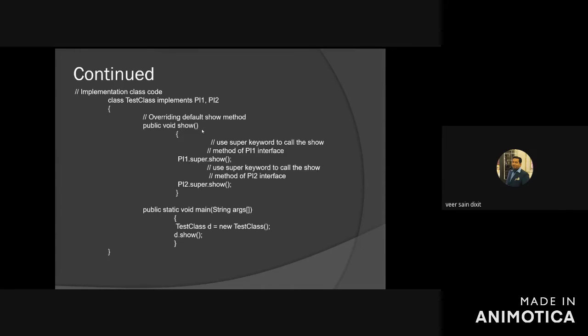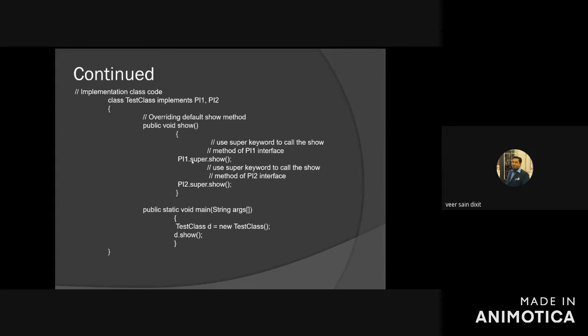In public void show, we are using the super keyword to call the show method of the first interface: PI1.super.show. So within the subclass, within the implementing class, we can call the default method of the superinterface using the super keyword, PI1.super.show. In the same manner, from the second interface, we can call the method PI2.super.show.